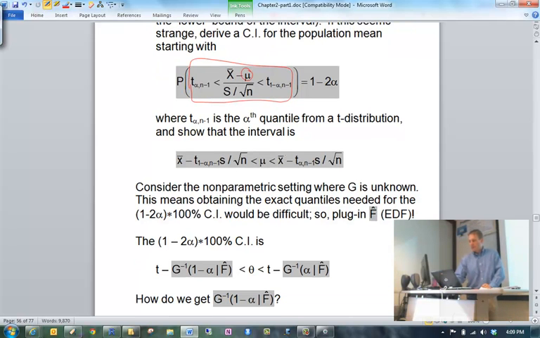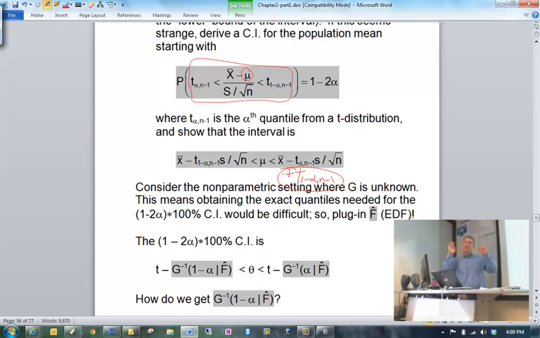Yeah, because normally you have plus t 1 minus alpha, n minus 1 degrees of freedom on the right-hand side there. Well, of course, we know the t-distribution is symmetric, and so that's why whenever it's actually presented to students in a classroom, you have the plus version of this there.